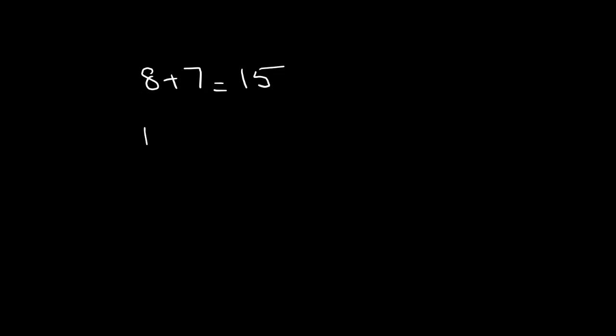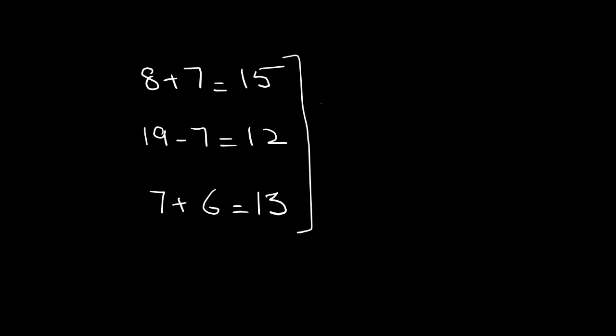And if you say 19 minus 7, you just say it is equal to 12, because 9 minus 7 is 2, and 7 plus 6 is equal to 13. These are not to be recounted. Such facts need to be memorized, and there is no shortcut to it.